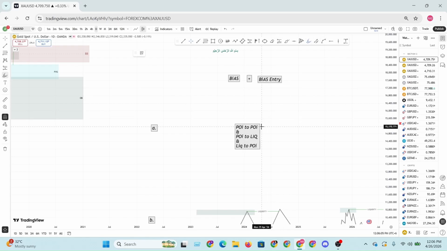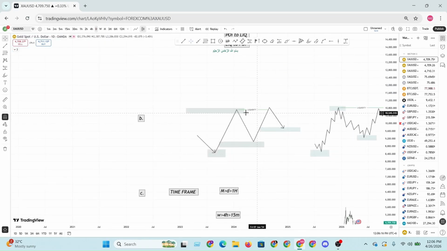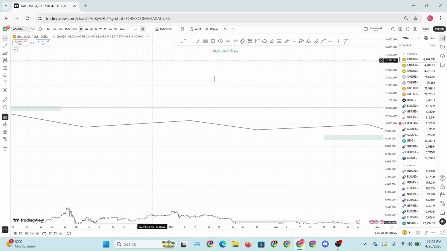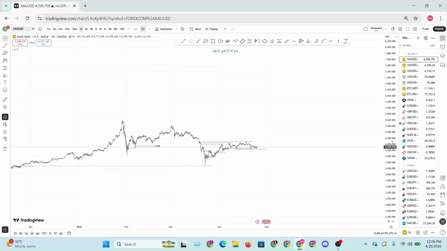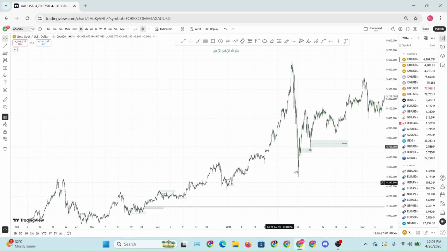We will finish this. But these kinds of POI to liquidity and liquidity to POI happen when the market is at all time high and there is no previous structure. So let's see where the market all time high is.